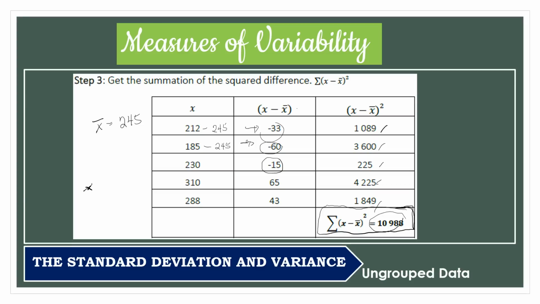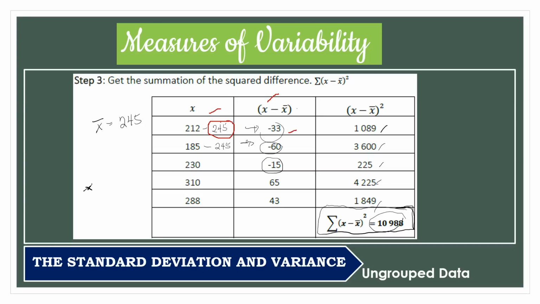Step 2 and step 3 are already here. For step 2, we are going to subtract the value of the mean from the value of x. The value of the mean is 245. For the first one, 212 minus 245 is equal to negative 33.